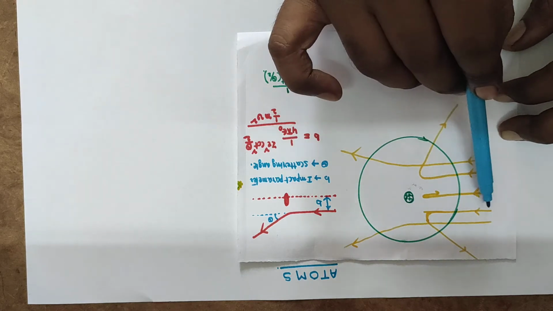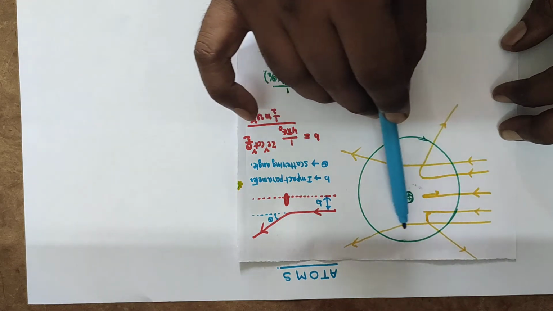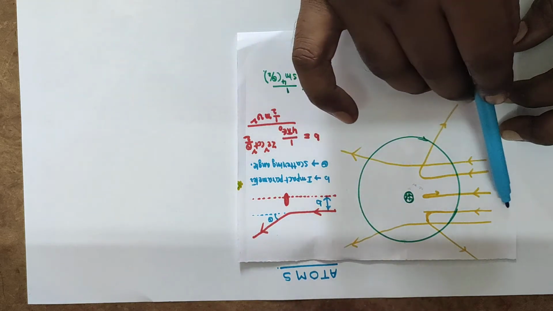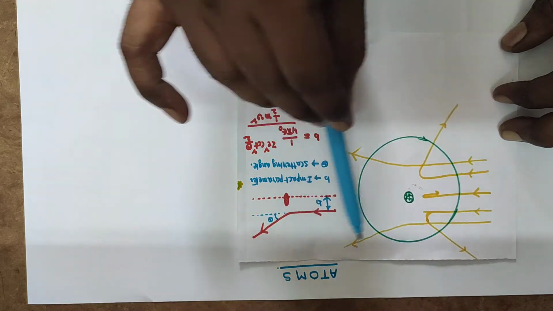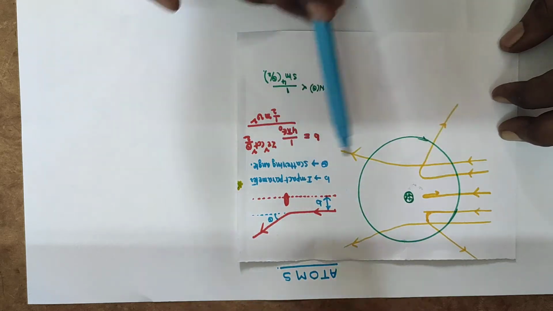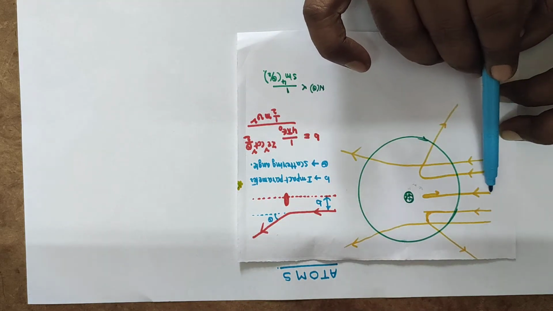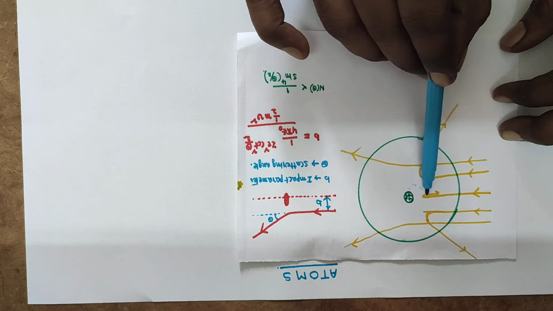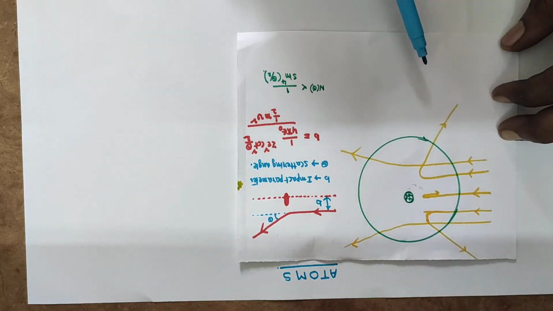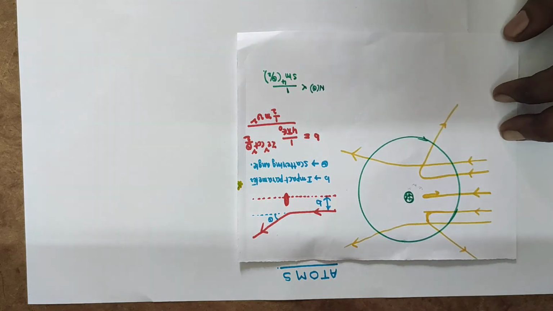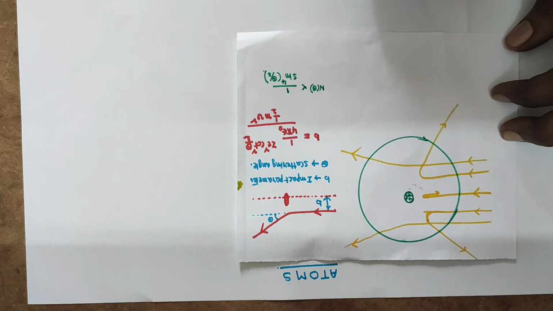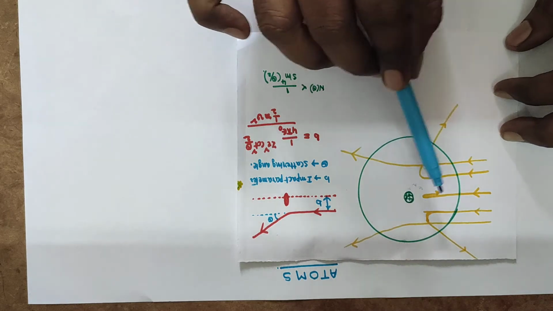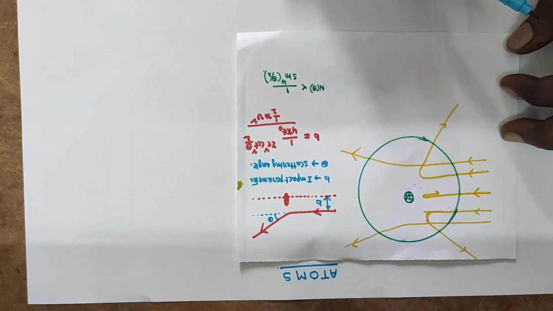That's why alpha particles are scattered less. Most of the alpha particles have passed through this empty space, and very few, 1 in 8,000 alpha particles, are scattered with 180 degrees. And electrons are revolving around this nucleus in circular orbits.